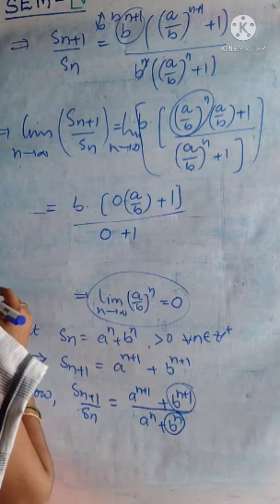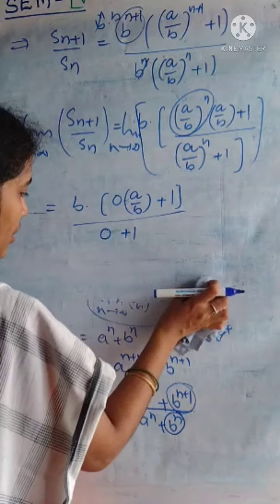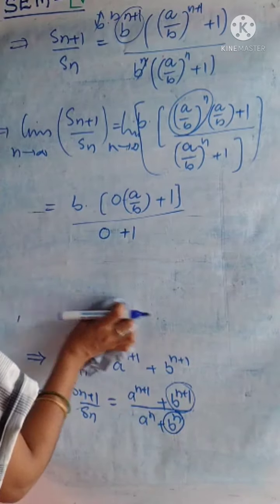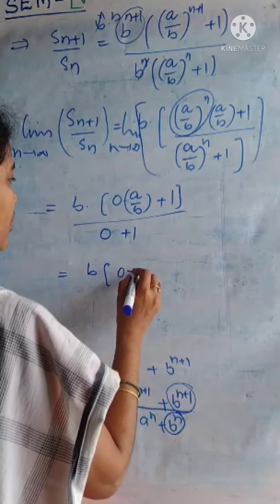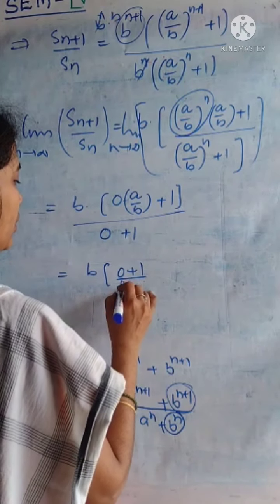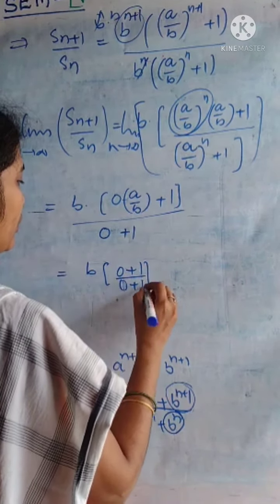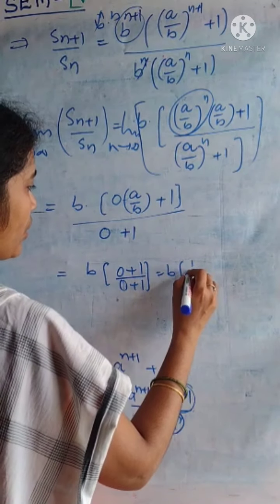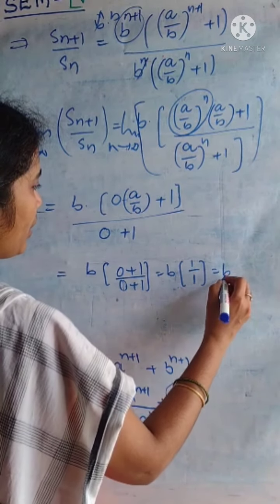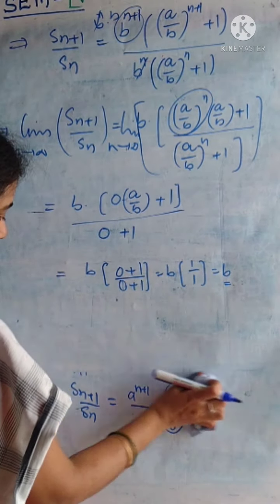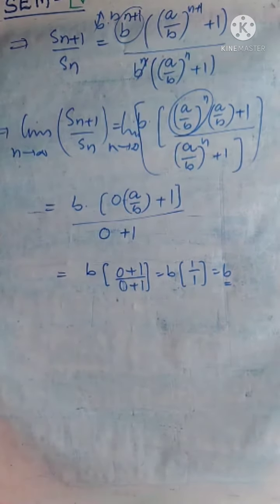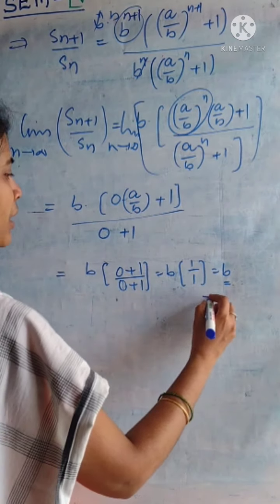Because the limits of constants are the same, this is equal to b times (0 + 1)/(0 + 1), which is equal to b times 1/1, which is equal to b. In this case the ratio limit is b. Let it be 2.